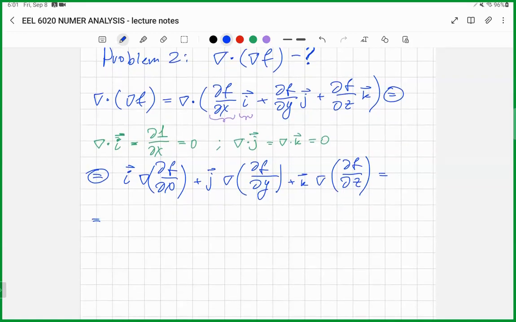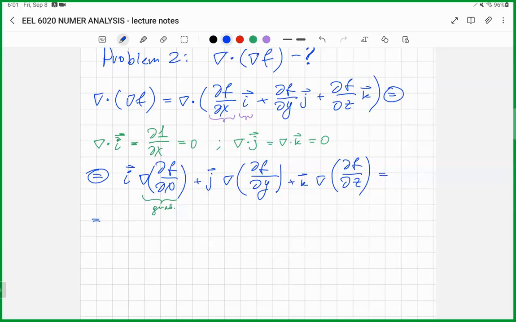Now this df over dx is a scalar function, and we have to consider this combination of nabla with a scalar function as a gradient.